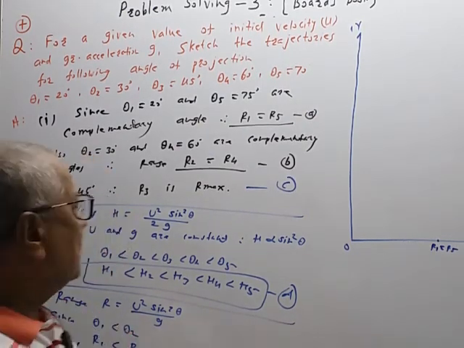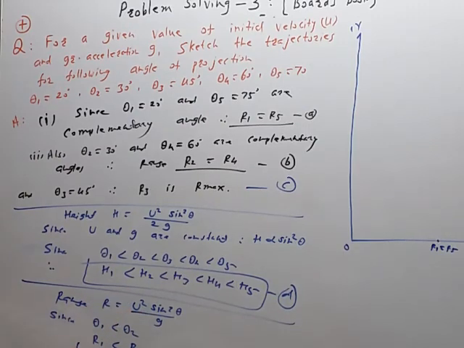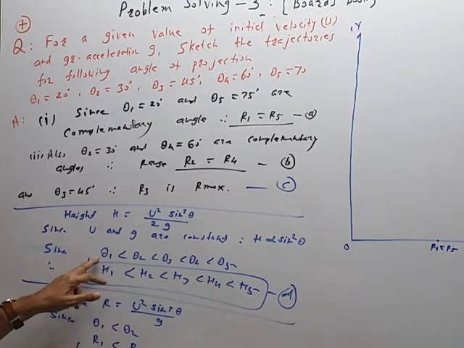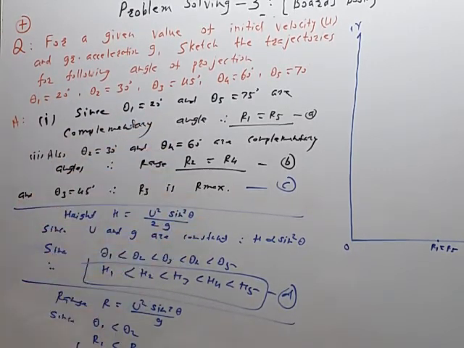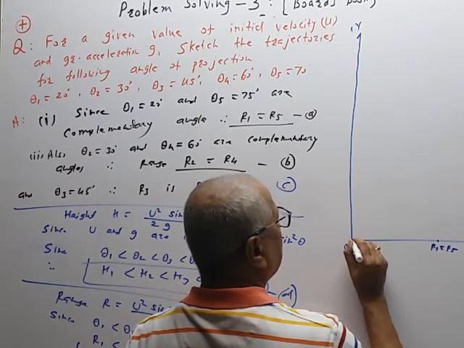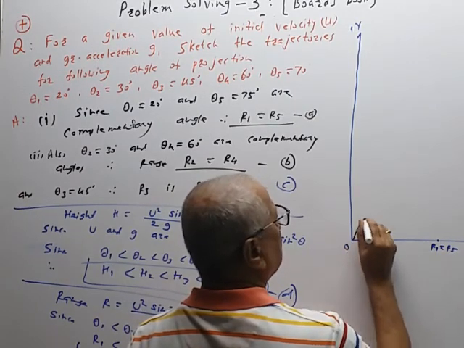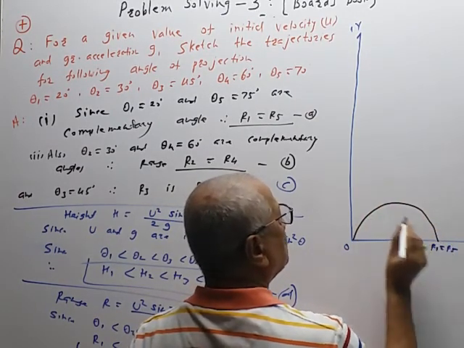Now what about height? We know this relation. So for theta is equal to 20 degree and theta is equal to 70 degree, the range is same but heights are different. So height h1 is smallest. So this is h1.